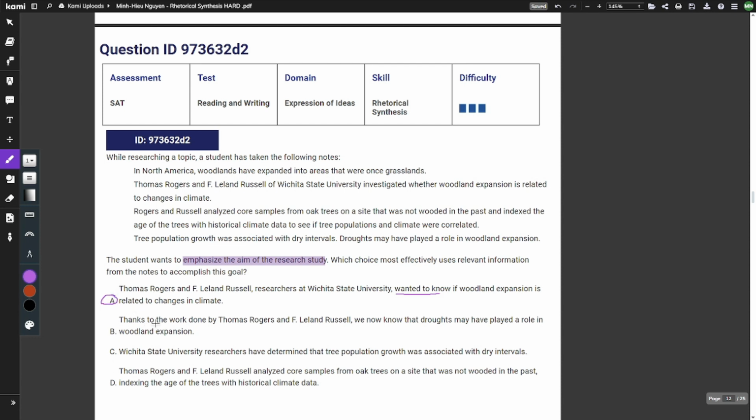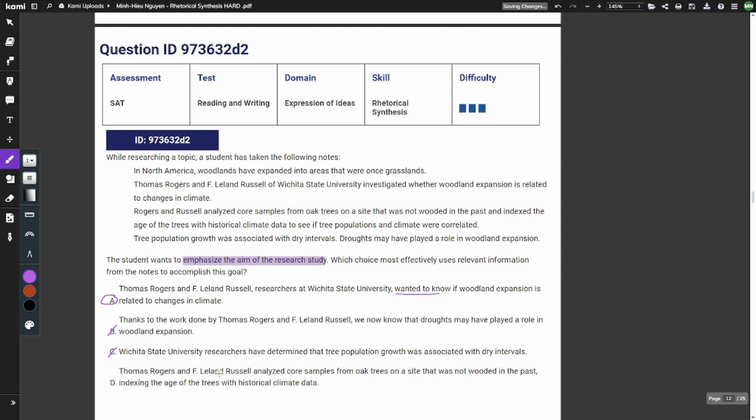Let's keep going though. B. Thanks to the work done by Thomas and Leland, we now know that droughts may have played a role in the woodland expansion. Cool. That's one of the things they found with their research, but why did they do that research? C. Wichita State University researchers had determined that tree population growth was associated with dry intervals. Cool. It's what these researchers found, but why did these researchers do that research?